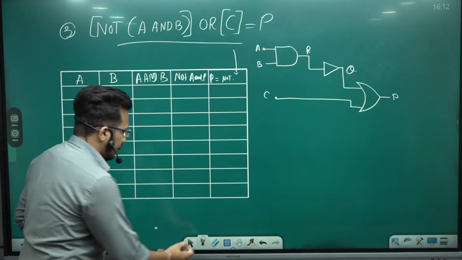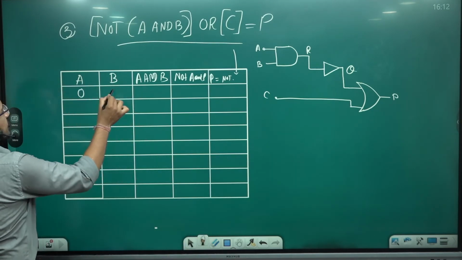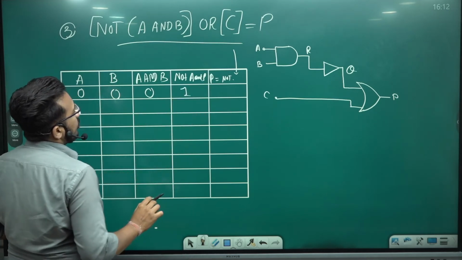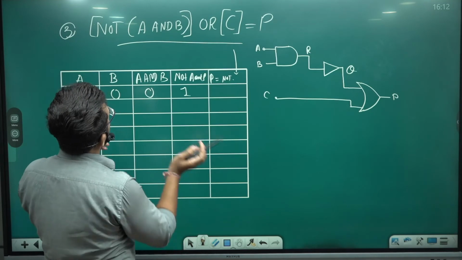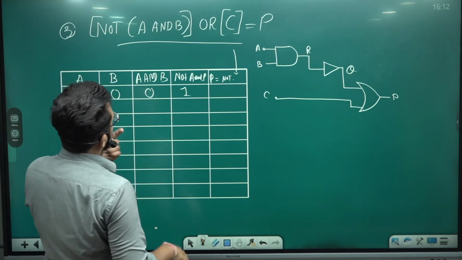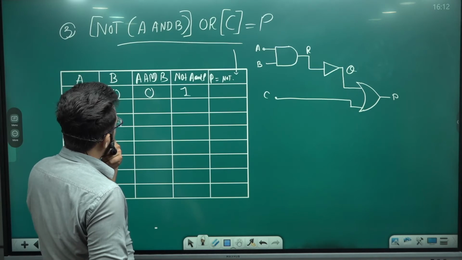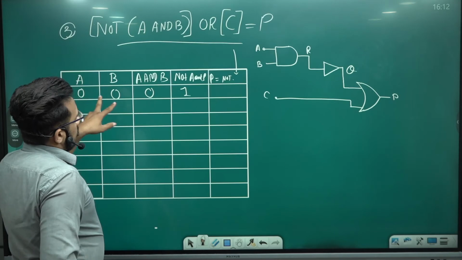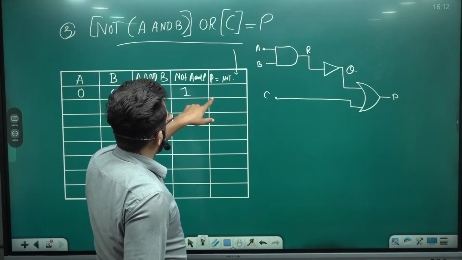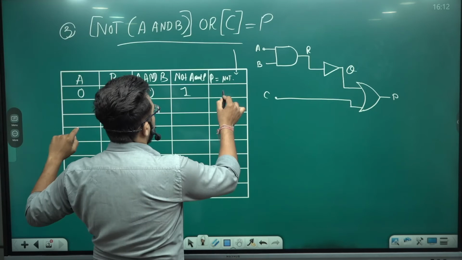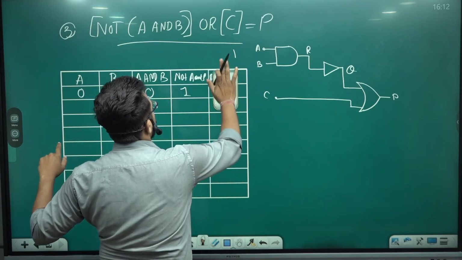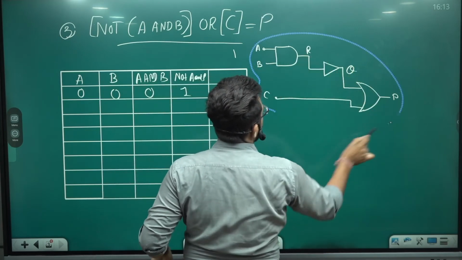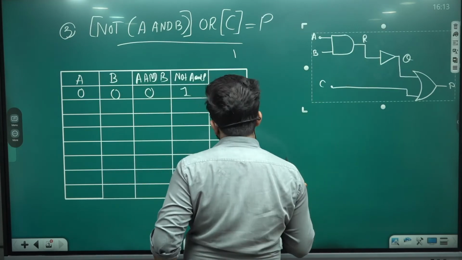Okay, let's fill the data. A as 0, B as 0, A and B will be 0, not A and B will be 1, and the P will be A or C. So I need one more input. Yes, you require one more input. Here we require a C. Yes, you require 6 inputs, 6 columns.